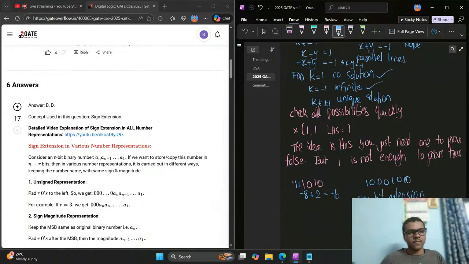Doesn't matter how many ones you add here. This will be 1, 2, 4, 8, 16, 32, 64, 128. It will be minus 128 minus 64 minus 32 minus 16 minus 8 and plus 2. My bad.